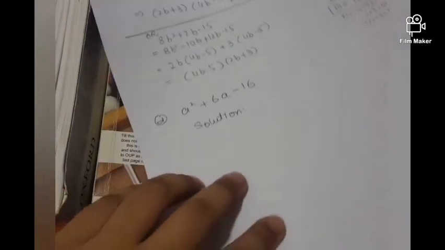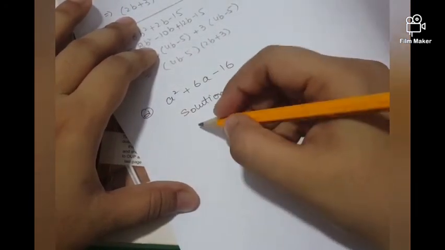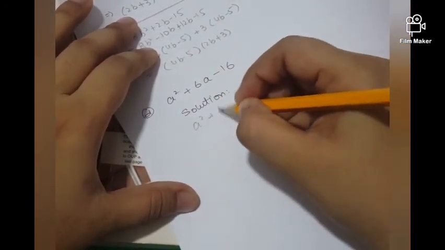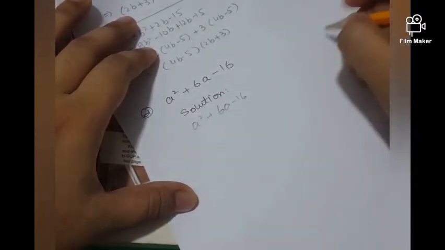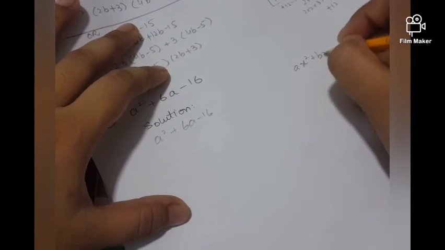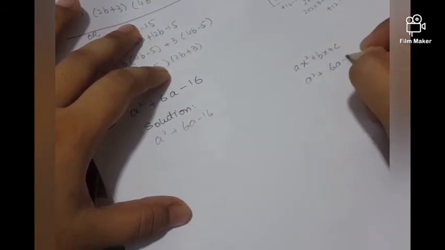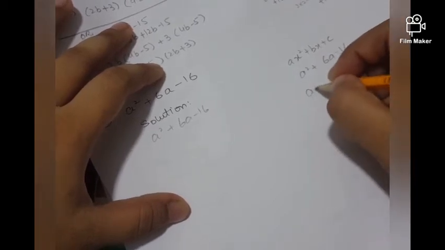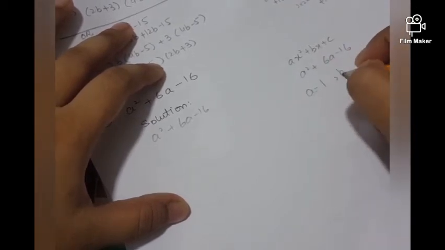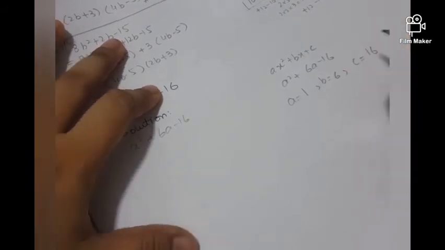Now let's solve this one: a square plus 6a minus 16. First, always rewrite the question, then write the general term, ax square plus bx plus c. Your quadratic coefficient is 1, your linear coefficient is 6, and your constant is 16.